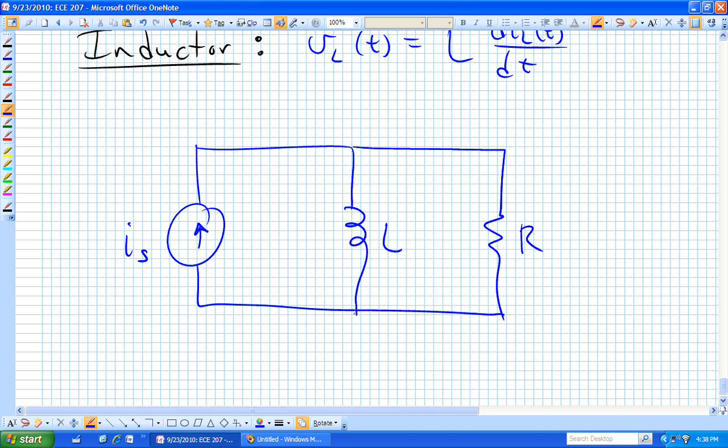How many energy storage elements of the R and the L are there? One. What kind of an equation do you think makes you feel warm and fuzzy? KCL.